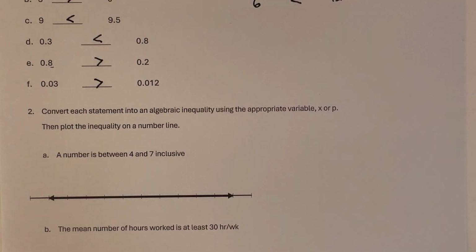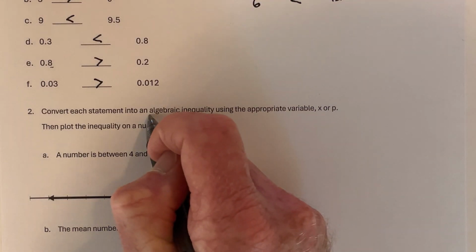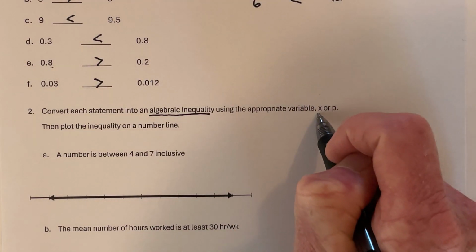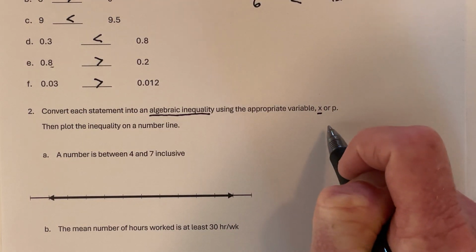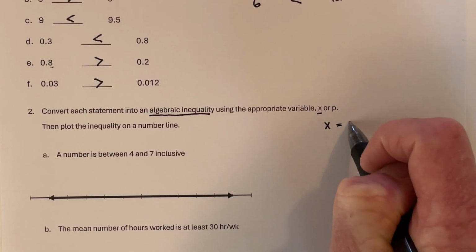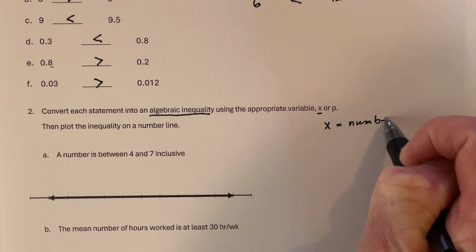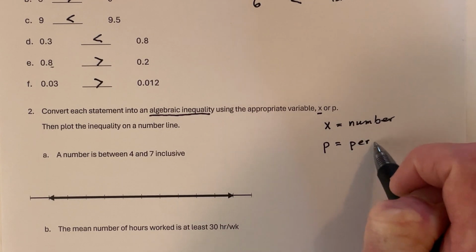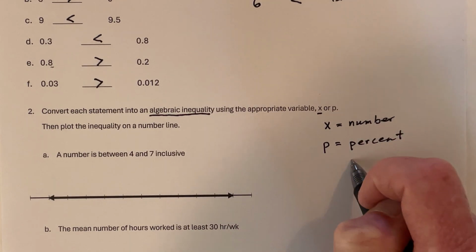Then for the second part of this worksheet, one is to write an algebraic inequality. So that means either use x if it's a number, and use p if it is a percent or a proportion.